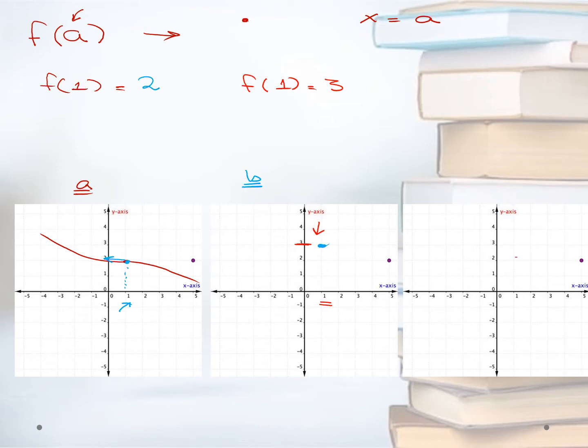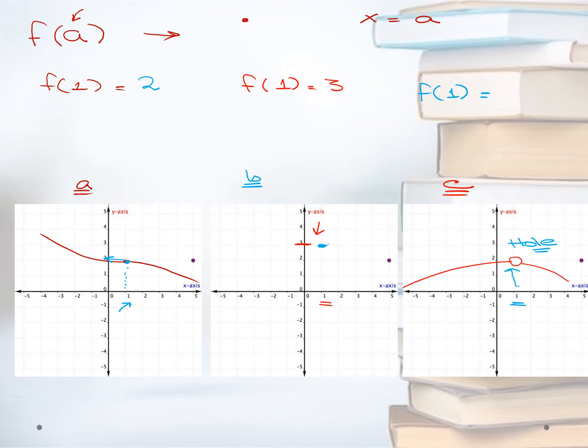Now let's take one more example to understand the concept more. Let's have a look at graph number C. In this graph, if I ask what is f of 1, you look at the x coordinate and go up, and what have you observed? That there is a hole in the graph.